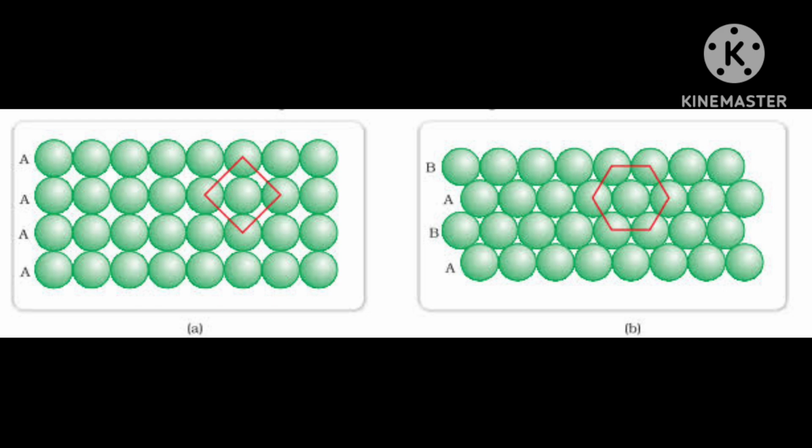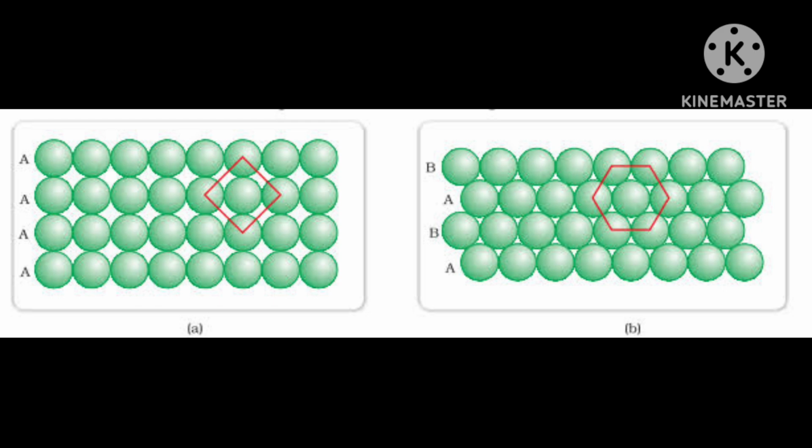And this arrangement is of AB type: A, B, above B, A, again above that A. That's why it is called AB type. In this arrangement, there is less free space, and this packing is more efficient.